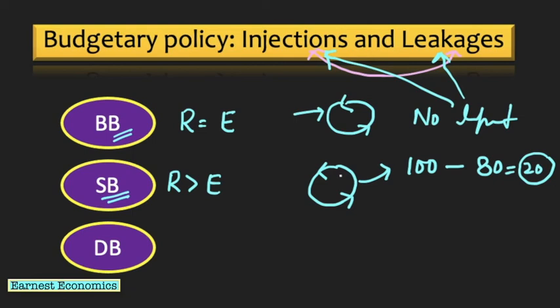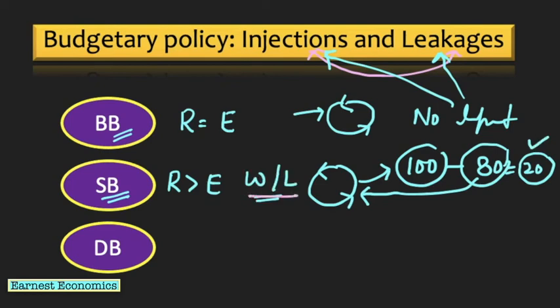The 100 rupees that the government received from the circular flow, it is giving back only 80 rupees, and the consequence is a reduction in the circular flow of income. The volume of circular flow of income will get reduced by 20 rupees. So this will be a case of withdrawals, or what we call leakages.